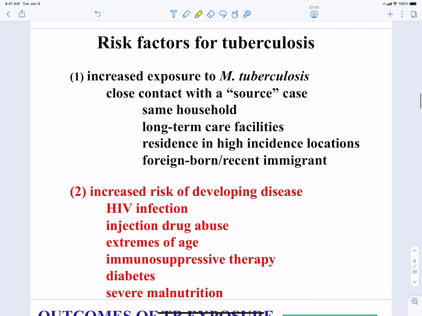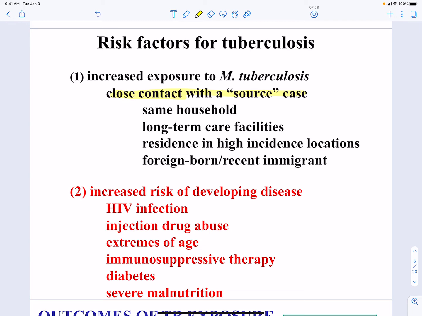Risk factors are going to be basically close contact to a source case. And so healthy individuals that get exposed to tuberculosis will get infected with tuberculosis. And tuberculosis is a chronic infection. You never clear it. Even if you don't have active TB, basically your immune system is keeping the bacteria suppressed, so you don't have symptoms.